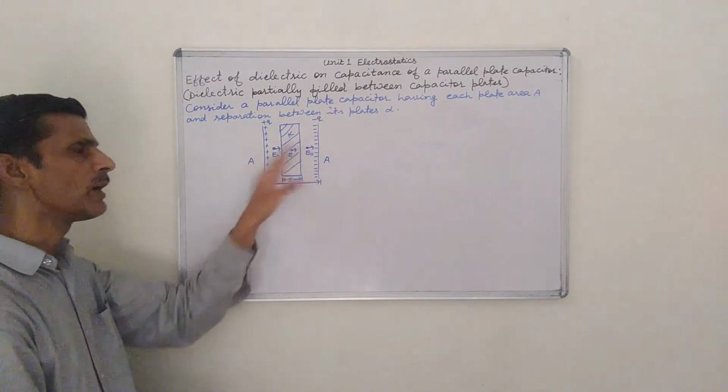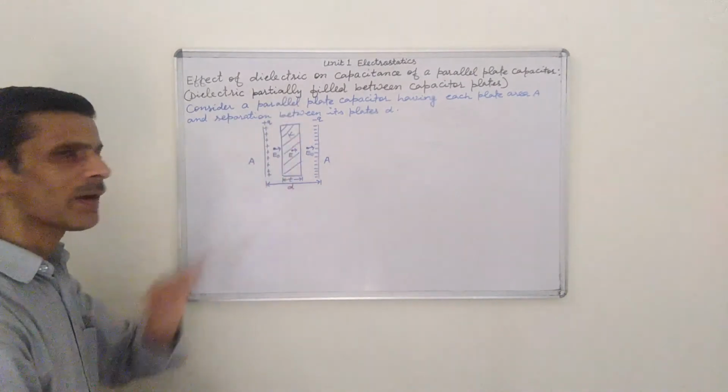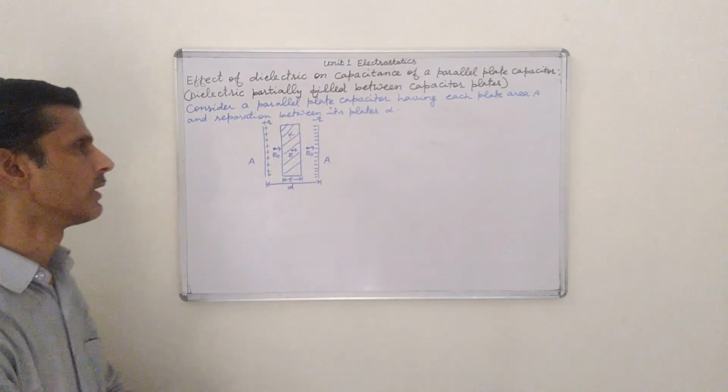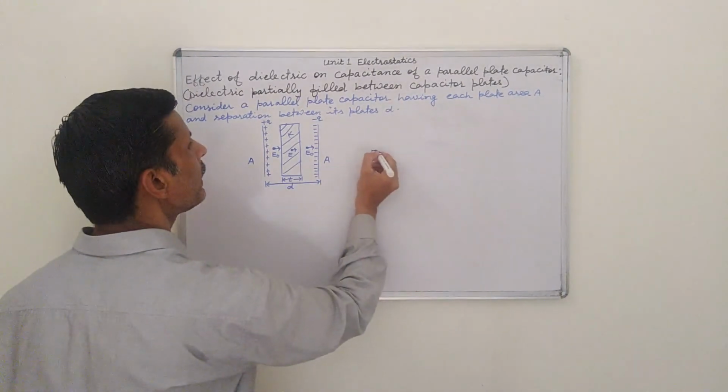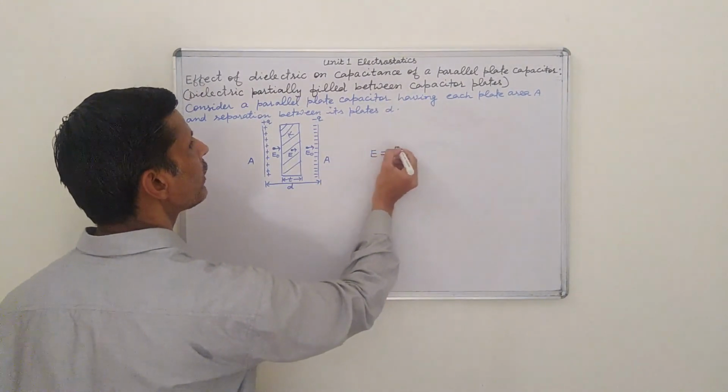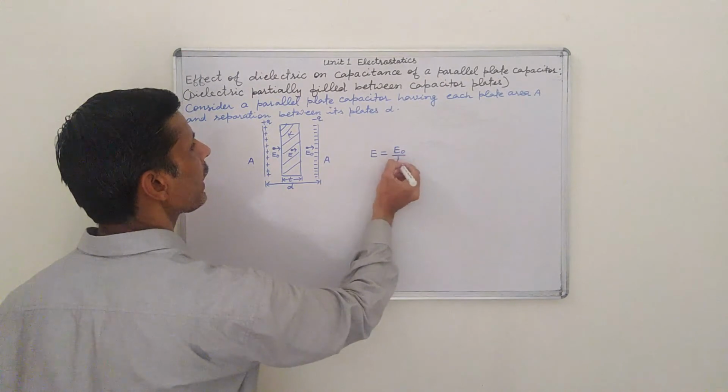In vacuum, the electric field is E naught, directed left to right. Inside the dielectric, the electric field is reduced to E, also directed left to right, and E is equal to E naught upon K.